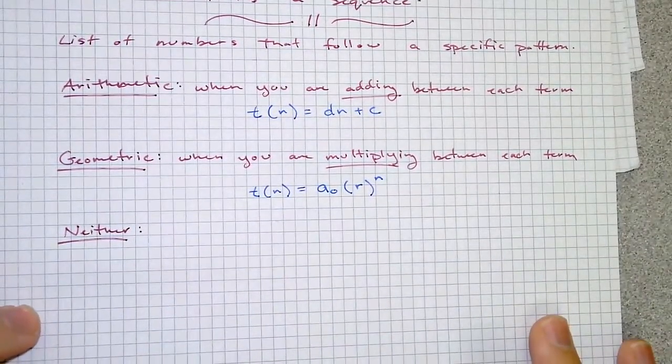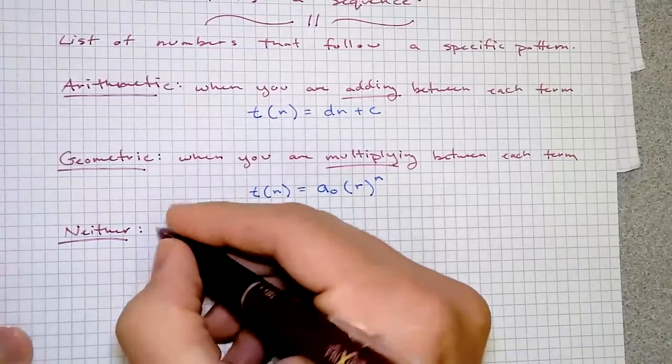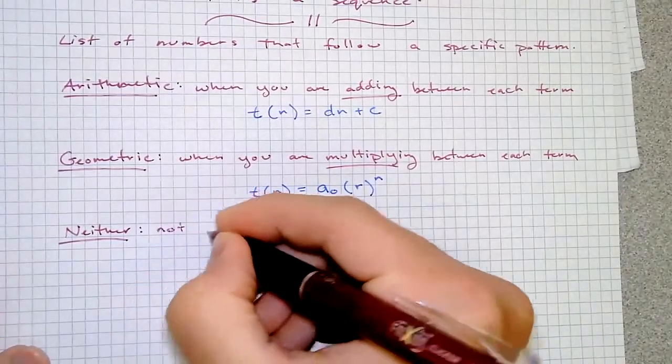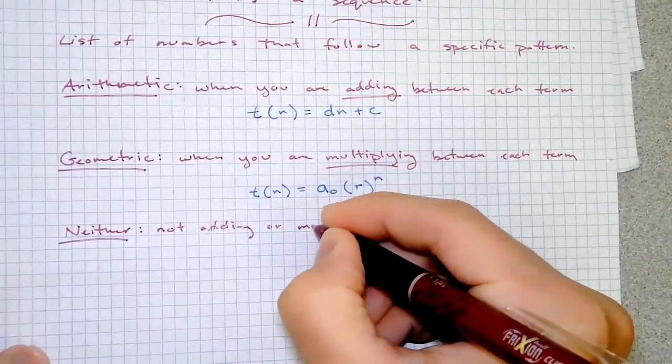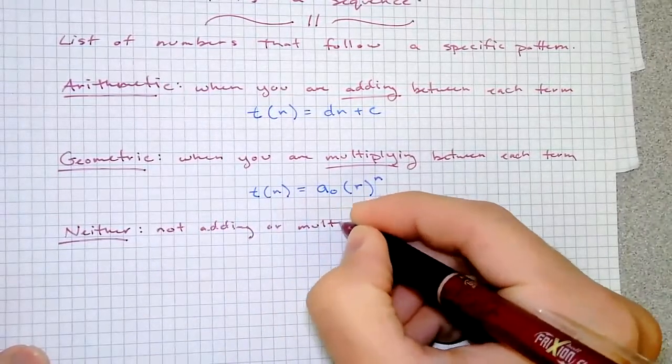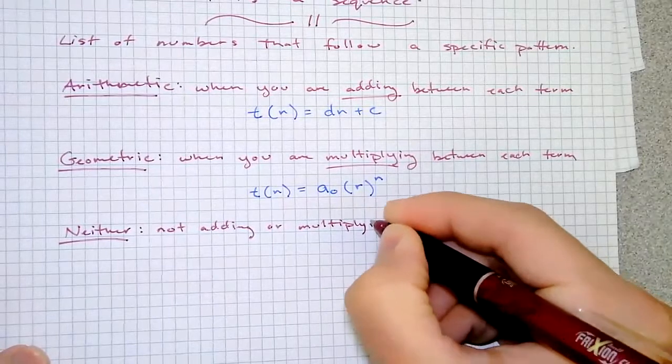The third type would be neither, where you're not adding or multiplying between each term.